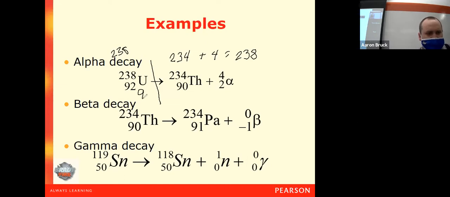We had 92 for the uranium, and then we have 90 for the thorium plus the 2 for the alpha particle, give 92 here in the denominator.